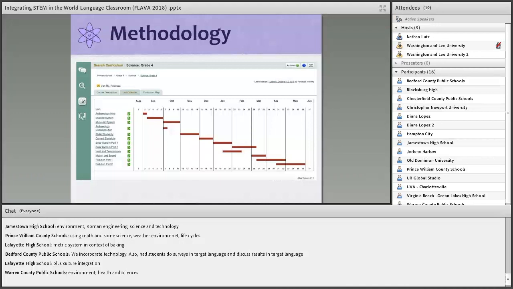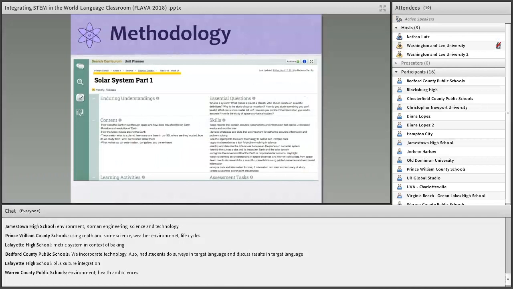This is a fourth grade science one where we can see which units are taught when. Then we can click into these units and see what types of resources are being used by the students. Here you've got a close-up of it where you've got the essential questions. This one doesn't happen to have enduring understandings, but we would hope that that would be in there. The various content areas that are being taught at that time, and then the skills.